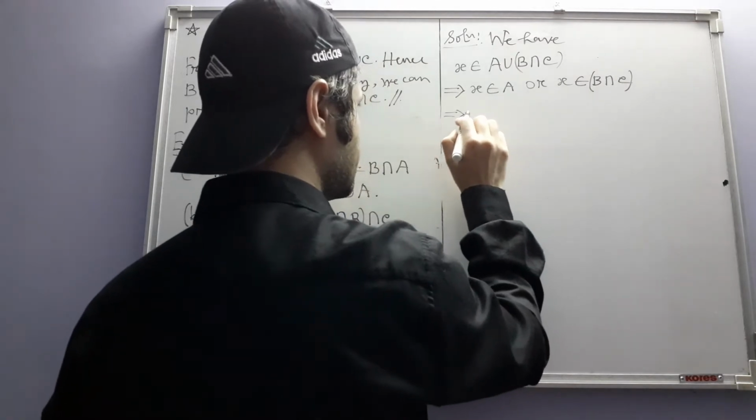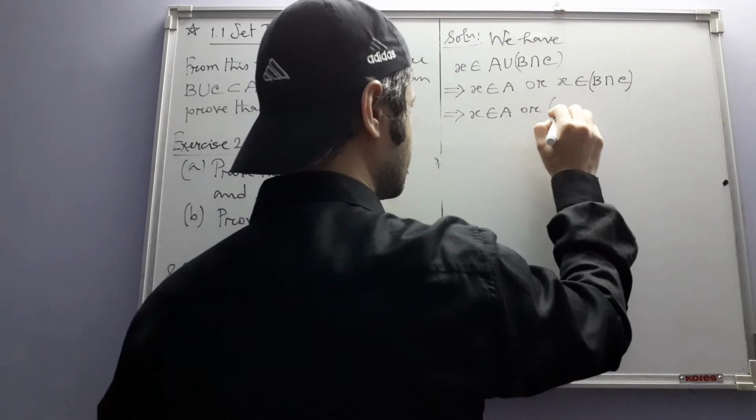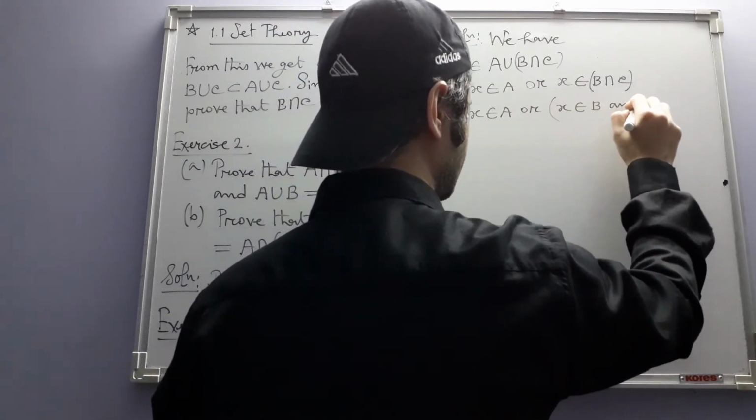Now this implies X belongs to A or X belongs to B and C, by the definition of intersection.